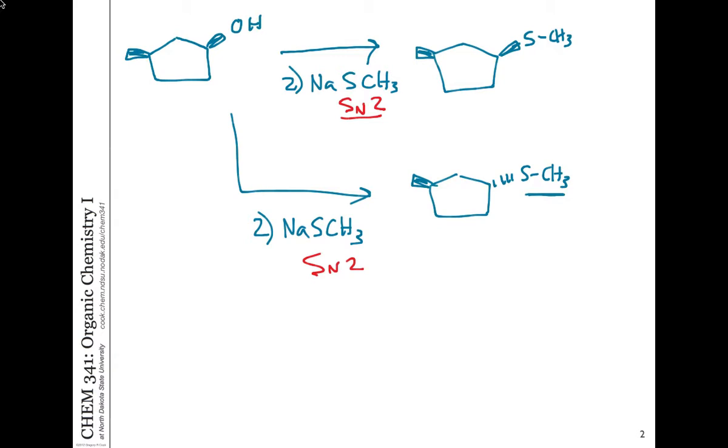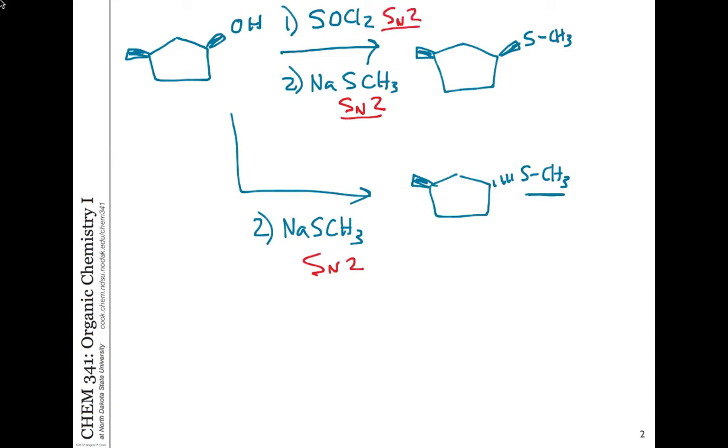So which of those two methods, making a halide or making a tosylate, inverts the stereochemistry? The halide, that's right. Because the halide is also an SN2 reaction. So let's just say I make the chloride, SOCl2. That is also an SN2 reaction.